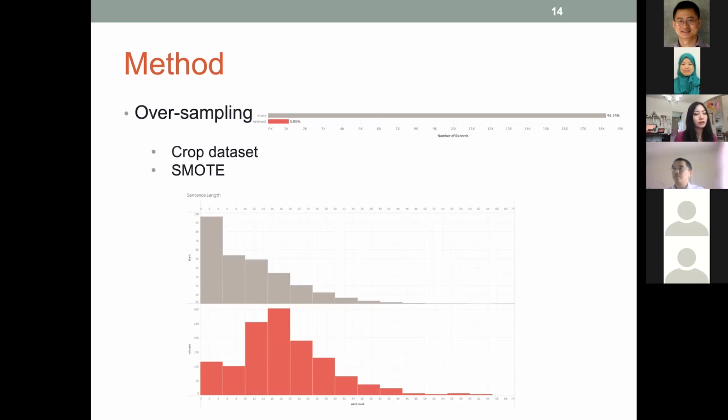We cropped our data set to all sentences that contain 5 or more words. And then we used an algorithm called synthetic minority oversampling technique, or SMOTE, to oversample the relevant class in both the complete and cropped data sets.